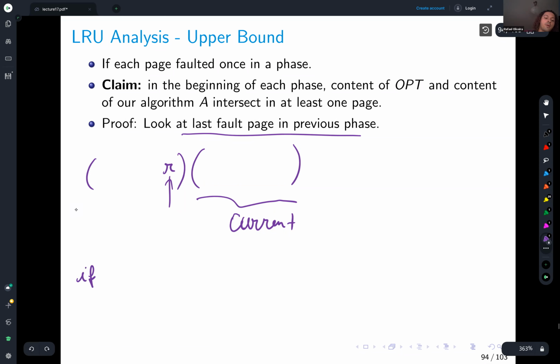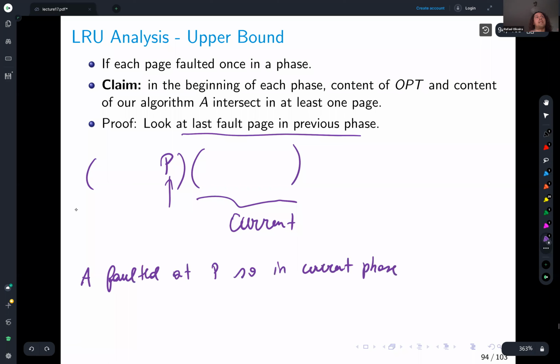Let's say they request page P here, right? So A faulted at P. So in the current phase, and now you see why we're defining the phase that starts after the last fault, right?